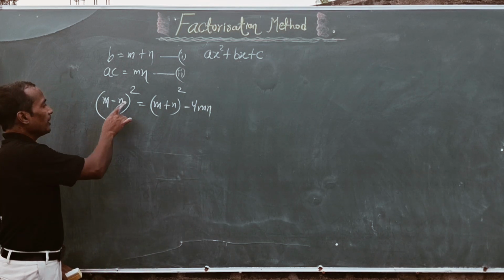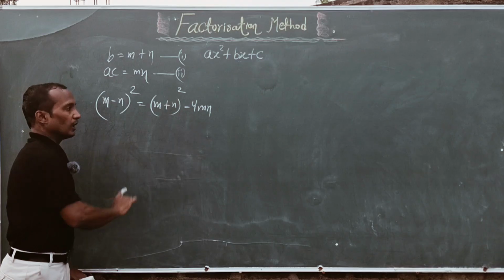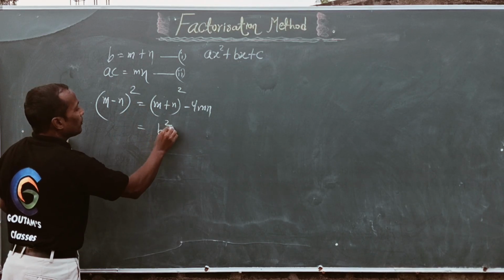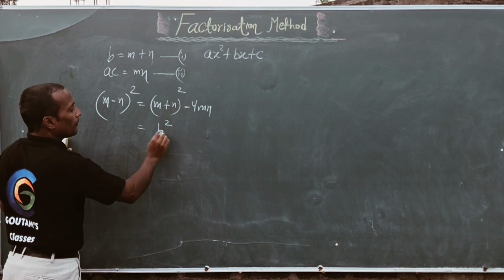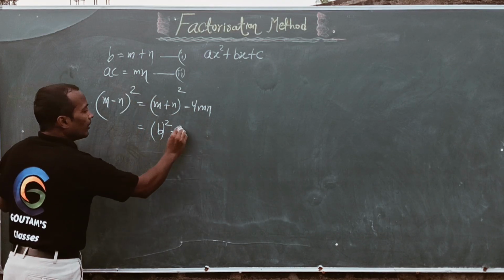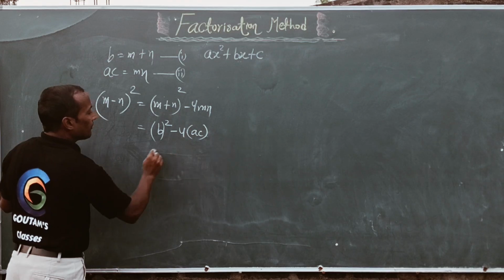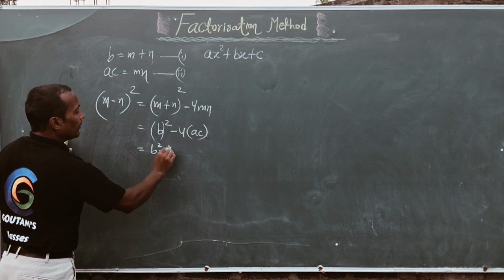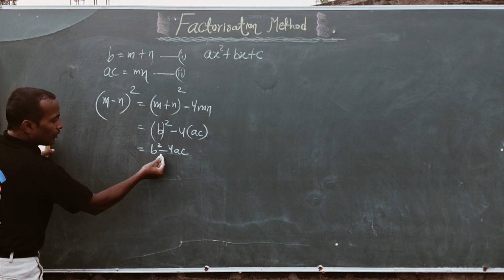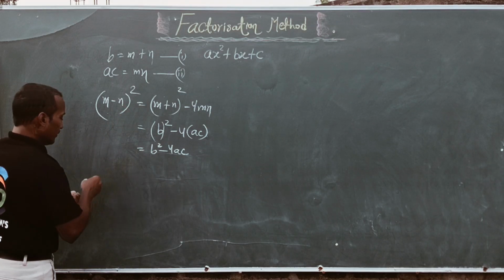Now M plus N means B, so B square, minus 4 into MN. MN is AC, so 4 into AC means I have B square minus 4AC. So (M minus N) whole square is equal to B square minus 4AC.